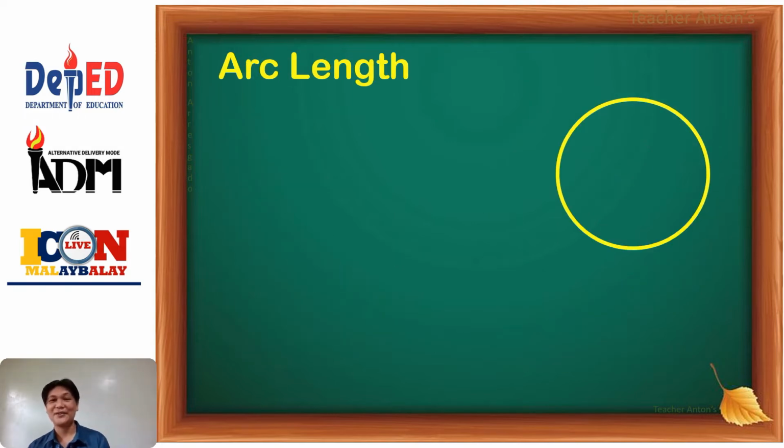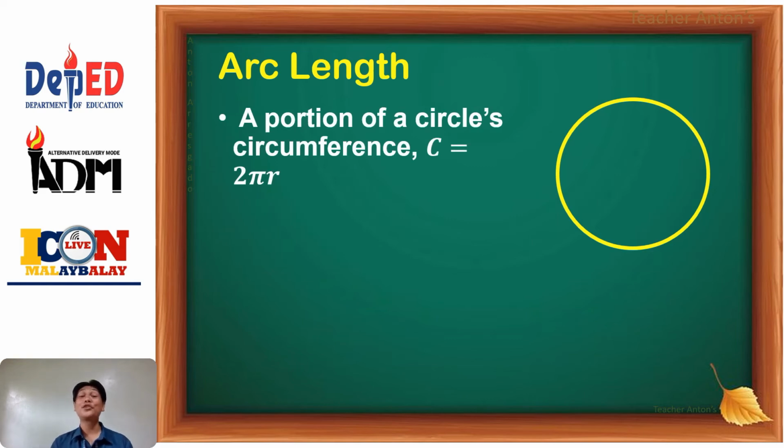Arc length. Consider the circle on the right later. First, let us identify what an arc length is. An arc length is a portion of a circle's circumference. What you can see there in the yellow circle on the right, the length of that is called the circumference. And any portion of that is called the arc length. The length of the circumference is represented by the formula C equals 2 times pi times r.